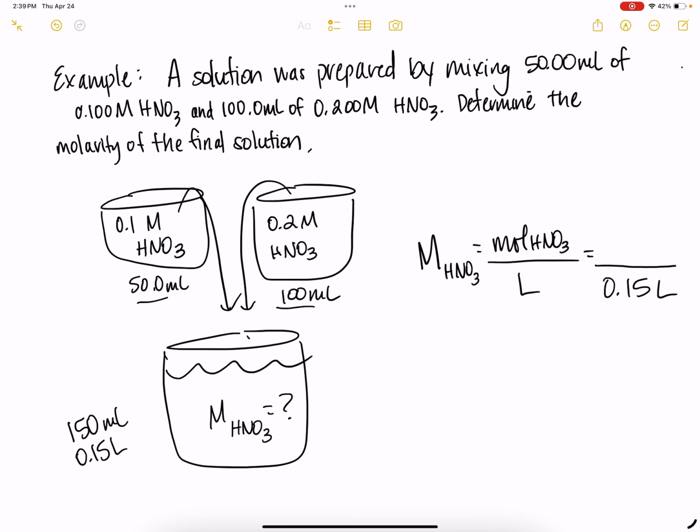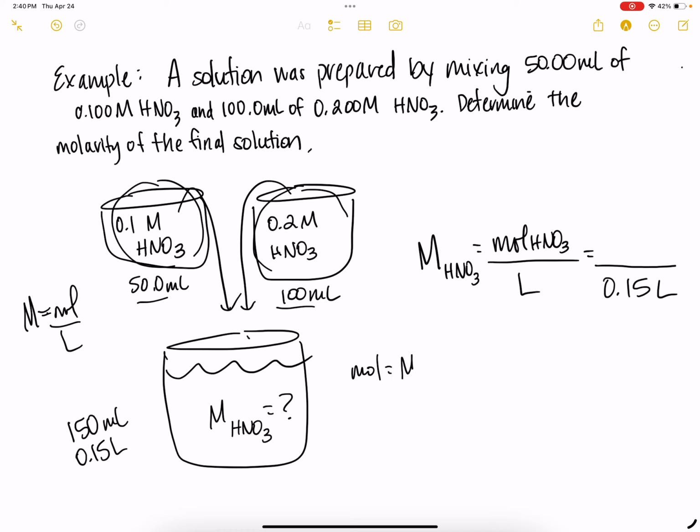Then to finish my molarity calculation, I would need to calculate how many moles of HNO3 were in container 1, and then how many moles of HNO3 were in container number 2, and I would then add those together to get my total moles in the new container. And so, of course, we know molarity is moles per liter.